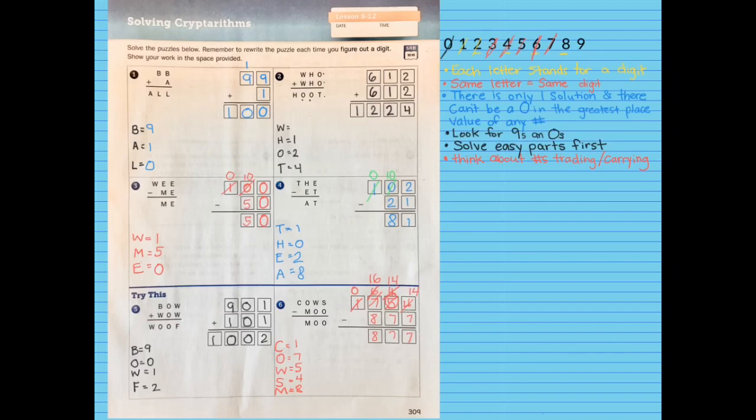So with all that chicken scratch, I hope you can read it. I'll write it better. 1,754 minus 877 equals 877.